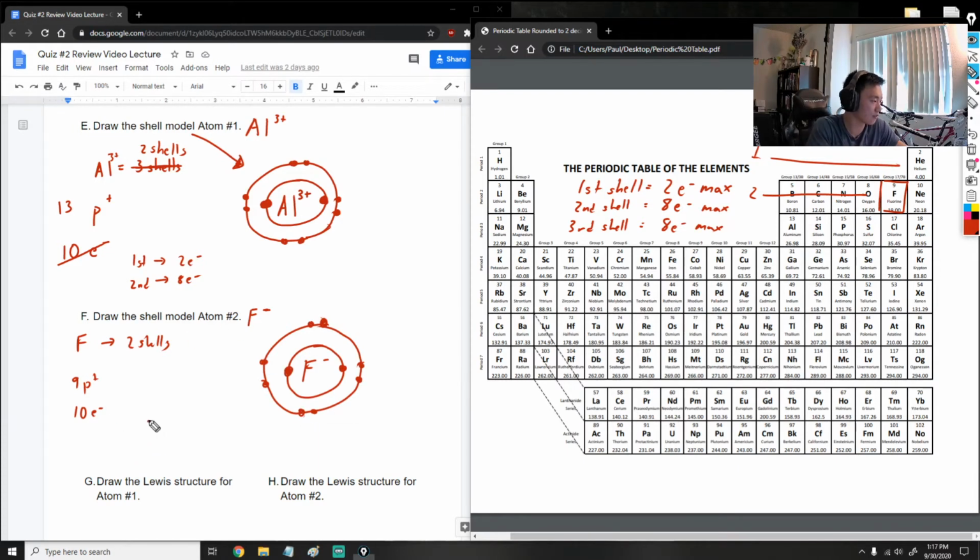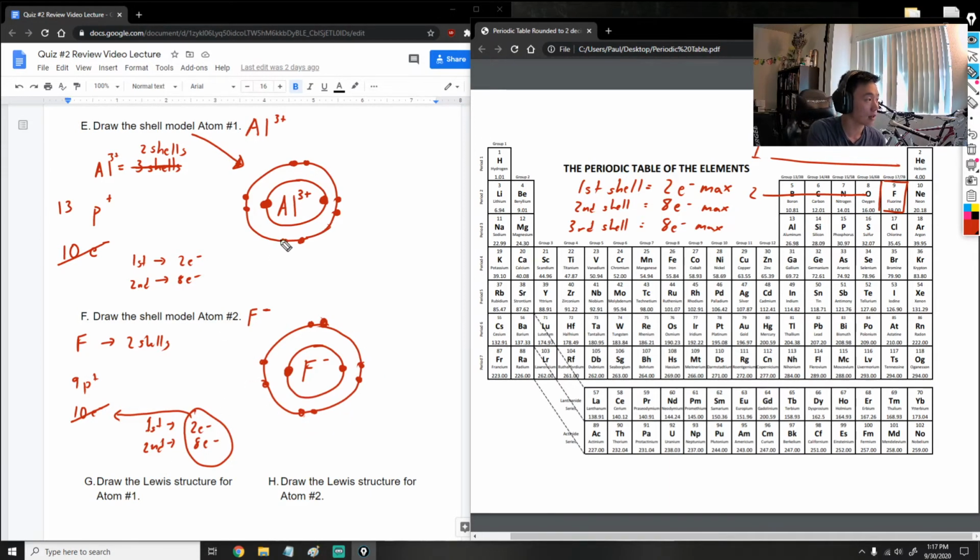If we look at the first shell, there are 2 electrons. The second shell has 1, 2, 3, 4, 5, 6, 7, 8, so that second shell is full as well. So 2 plus 8 gives you 10. We've used up all the electrons, and all the shells are full, and we're good to go.